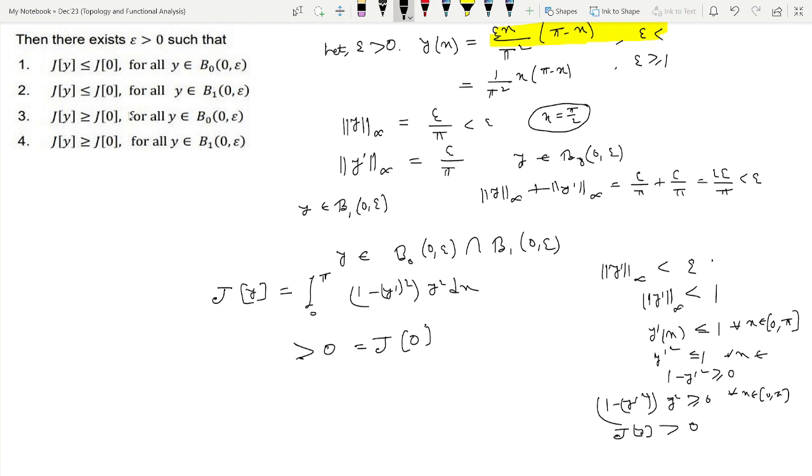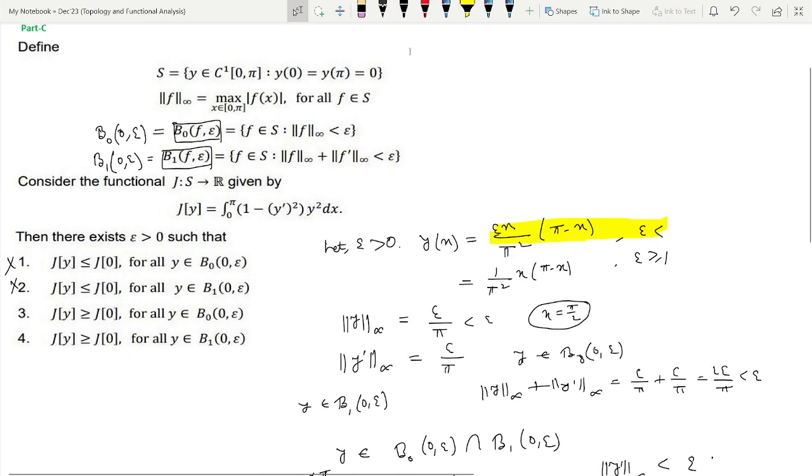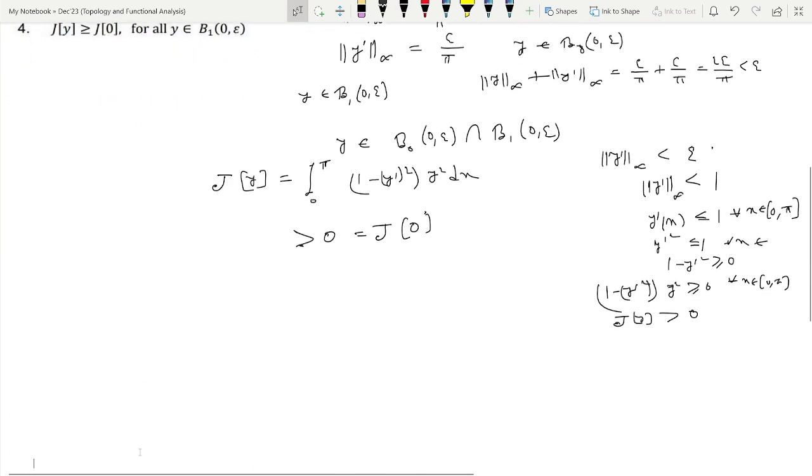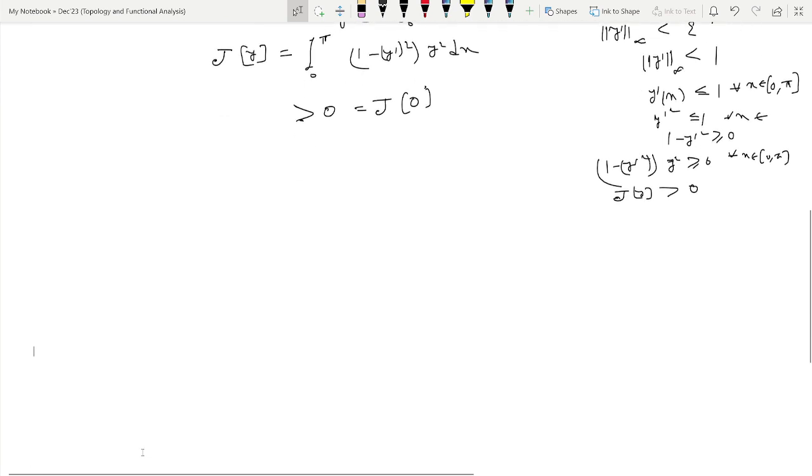So option 1 is not true, as we find one y belongs to b0 0 epsilon such that this condition is not satisfied. We have J y greater than J 0. And also for option 2 we have the same y belongs to b1 0 epsilon such that J y greater than J 0. So option 1 and option 2 are not the correct options. Now look at option 3. In a similar manner we can show that option 3 is also not the correct option.